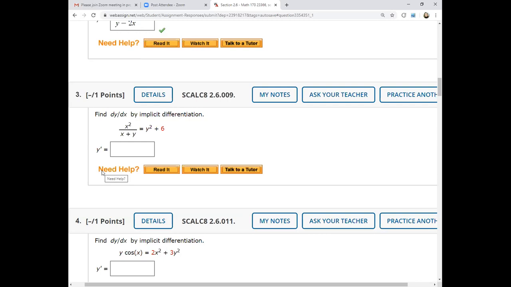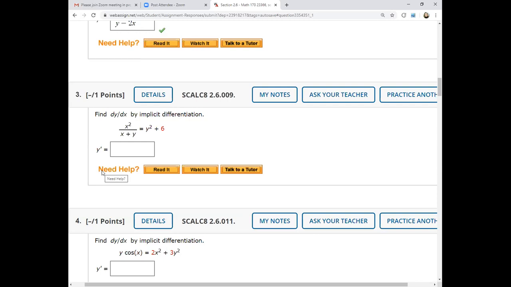Before I multiply the top, I'm going to multiply both sides of the equation by x plus y squared. I know that's going to be a positive quantity, so it's not going to be a huge problem for me.